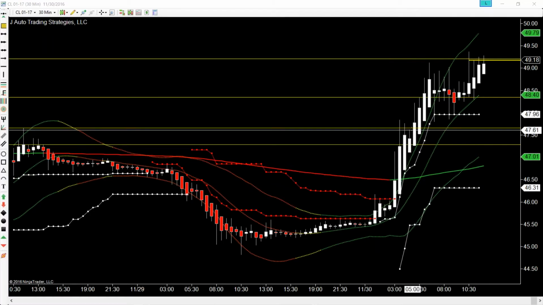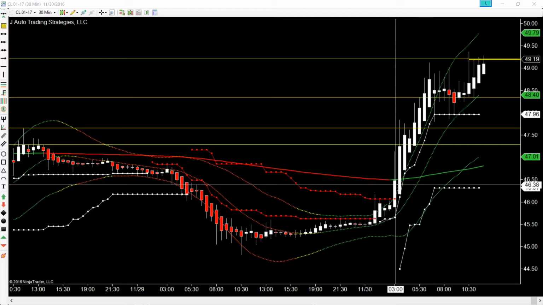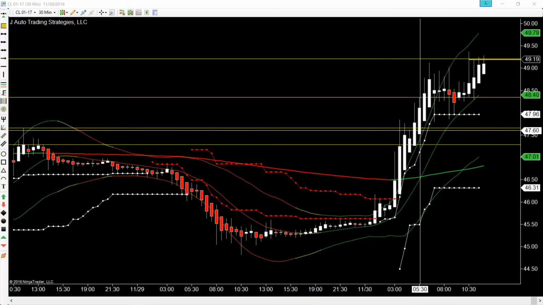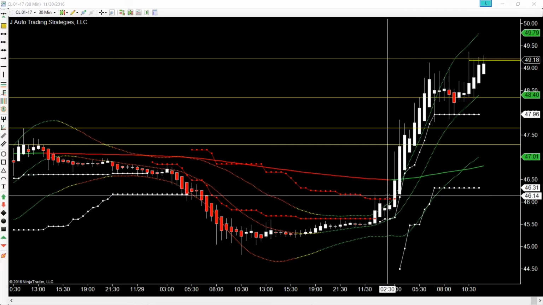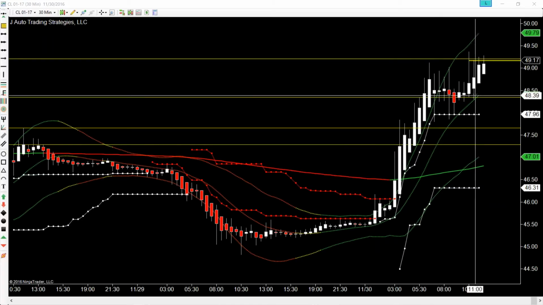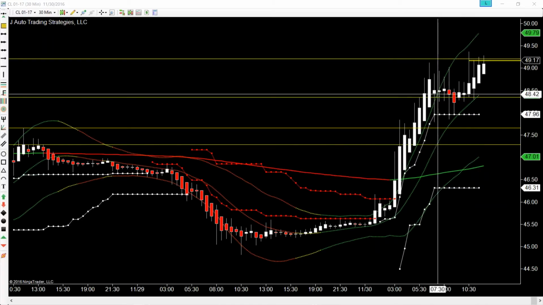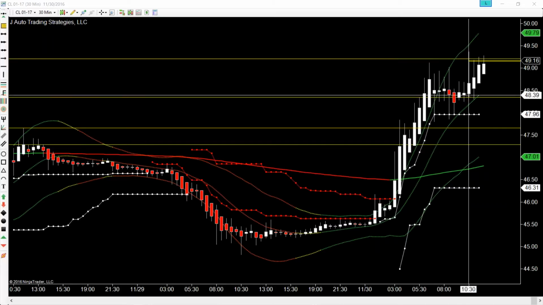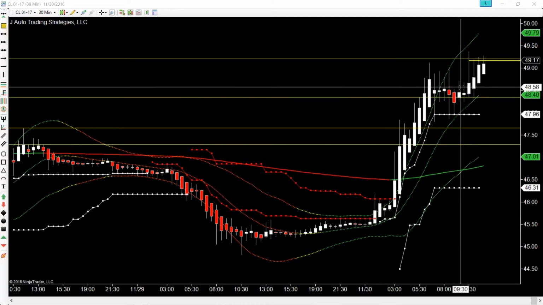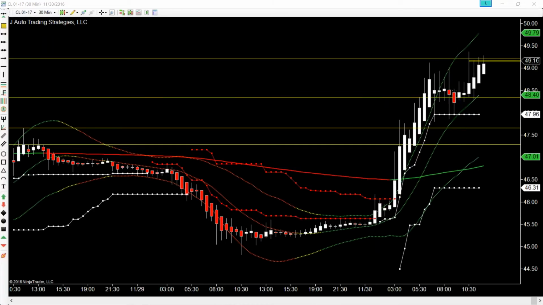The Globex session got all the juice overnight. This is why it pays to trade the Globex. And then what happens though is you get the RTH session and you give back a lot of those gains. So I feel like I'm lucky that I walked away with the money that I did today.